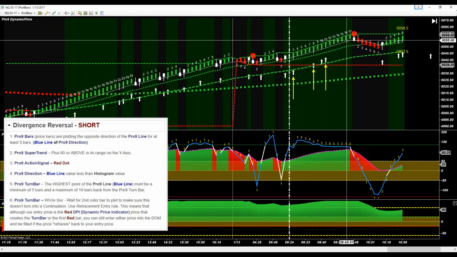And then if you wanted to experiment with which strategy would work better for you, you may want to use one, say for a week or two, widening to the DPI. And then for the next section of time, switch to trailing at the higher low of the previous bar, but just do it consistently. That way you can compare and see which one may work better for you, as they are both optional.